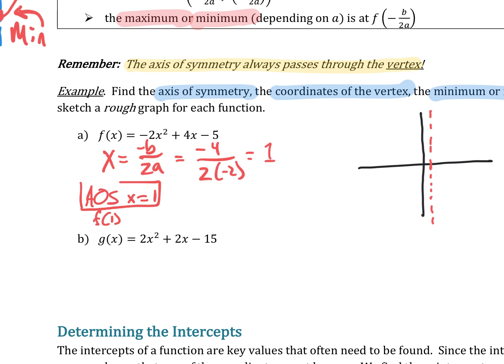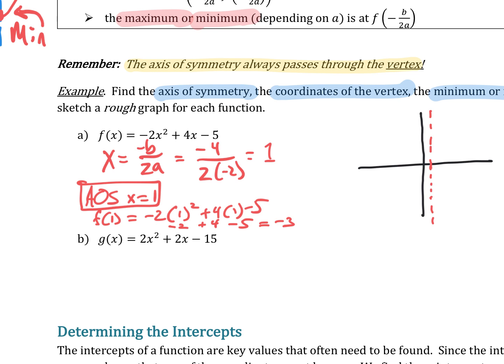All right, axis of symmetry there. And so we have negative 2 times 1 squared plus 4 times 1 minus 5. And 1 squared is 1, so times negative 2, that's negative 2. 4 times 1 is 4. Okay, so that ends up being 2 minus 5, which is negative 3.